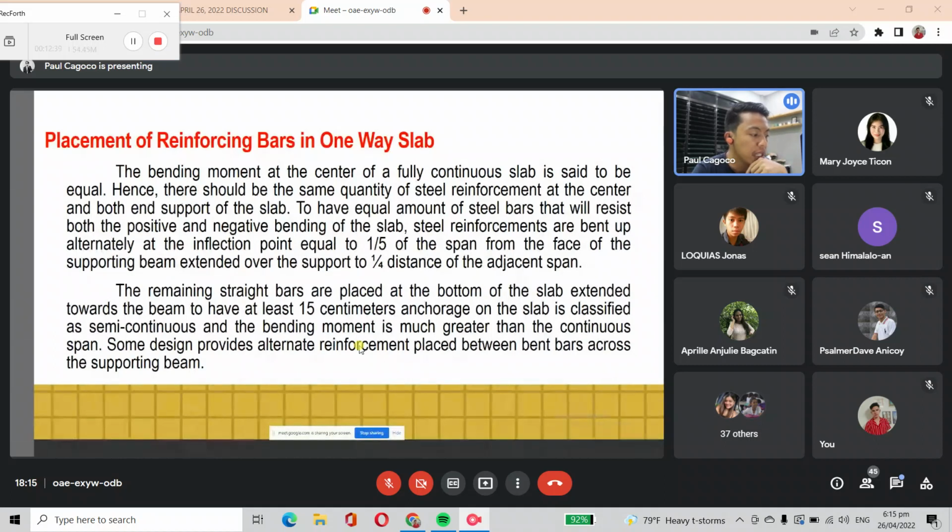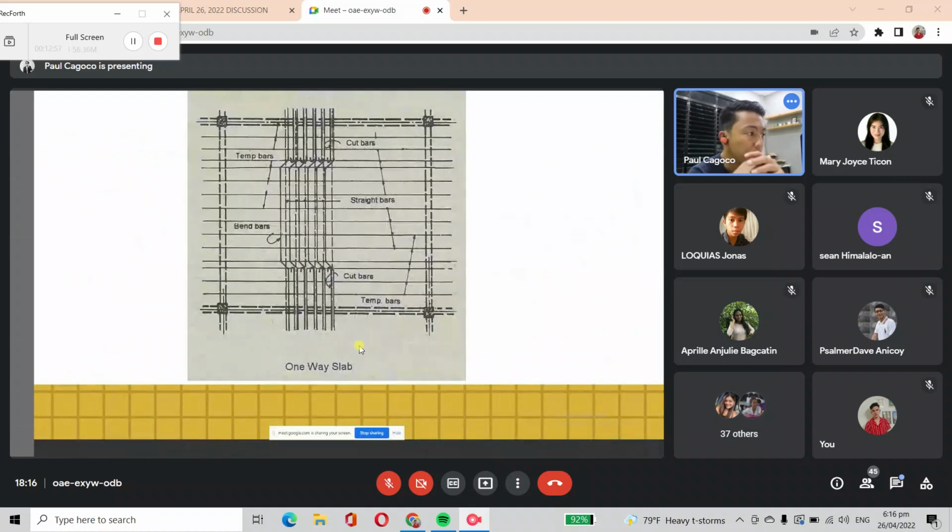It's classified as semi-continuous and bending moment is much greater than the continuous span. Some design provides alternate reinforcement placed between bent bars across the supporting beam.